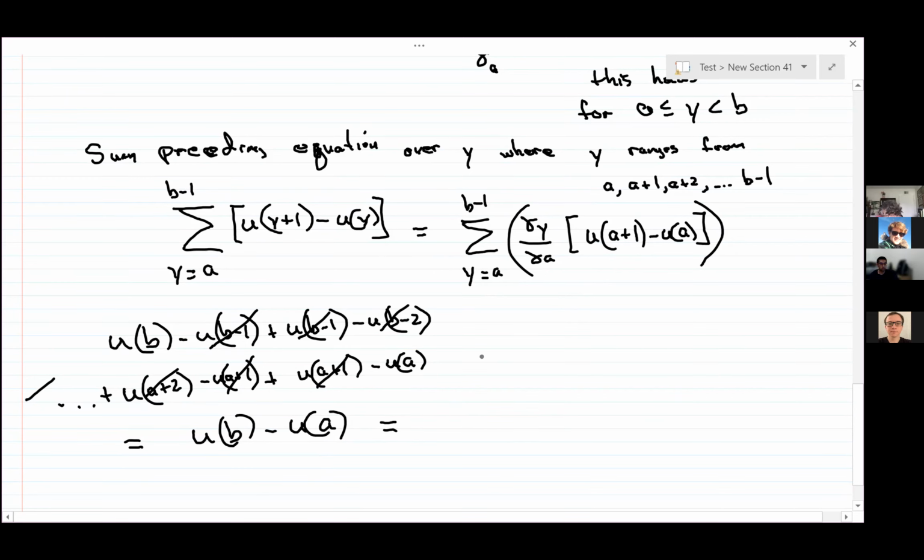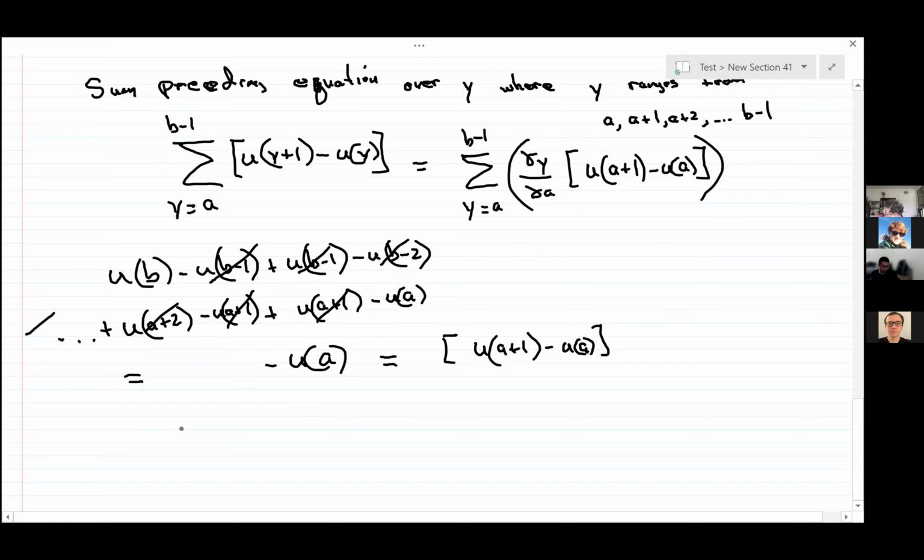So we can factor out the u of a plus 1 minus u of a, because it's a constant with regard to the sum. Fortunately, over here, I lost what I wanted. What was it? Was it just u of b? I think so. Okay.